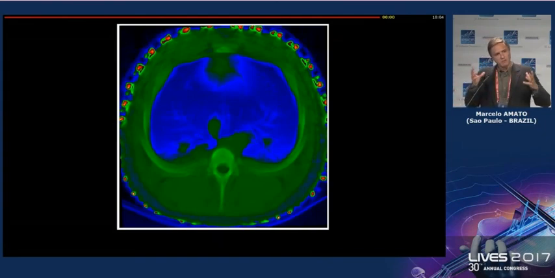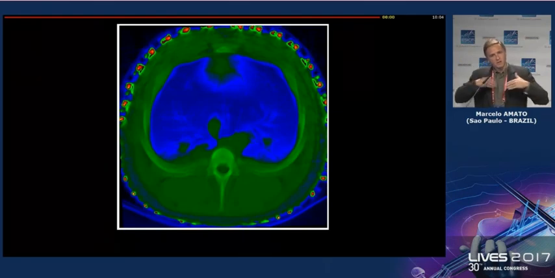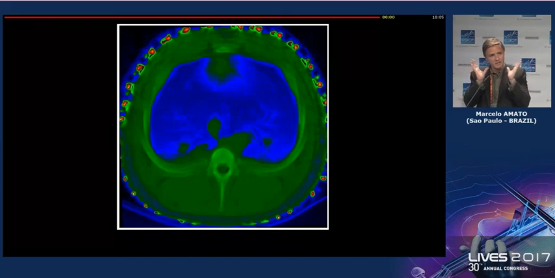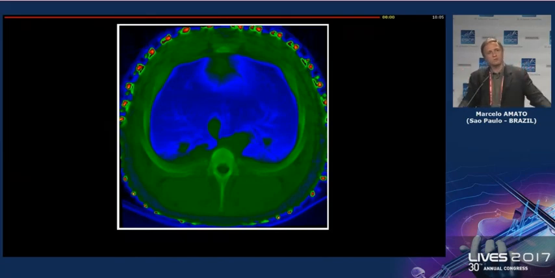Regarding the reconstruction artifacts, obviously because of the low spatial resolution of EIT, we always have some border effect in the EIT images, but we are learning in the last years which are the regions that you can be very confident in. For instance, if you analyze the whole VQ distribution in the lower part of the lung and not going too close to the border, you have very reliable signals.